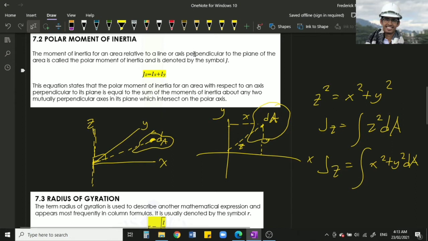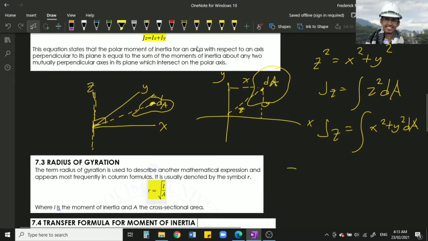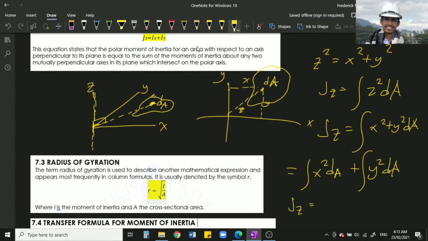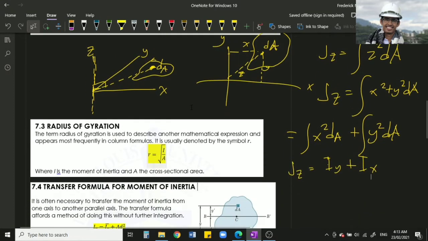Or equal din siya sa integral ng x squared times dA plus integral ng y squared times differential area. So that is equivalent to Jz is equal to Iy plus Ix. Okay, so yun yung derivation ng ating polar moment of inertia.